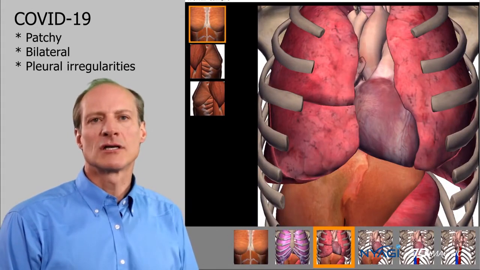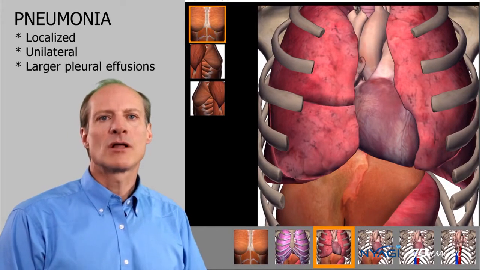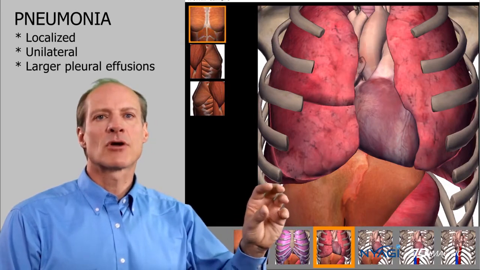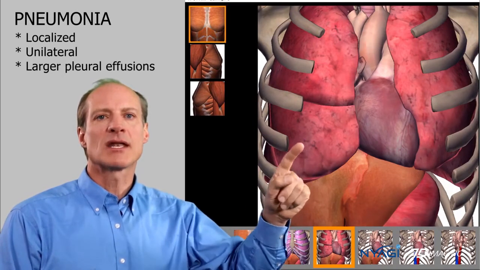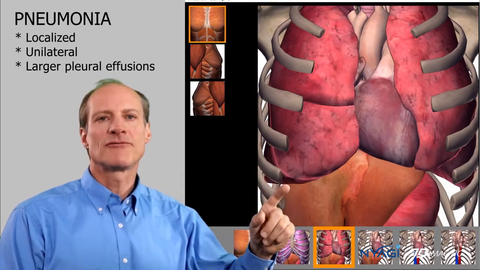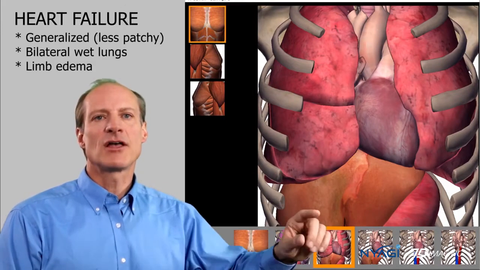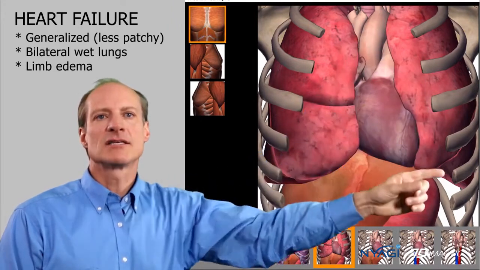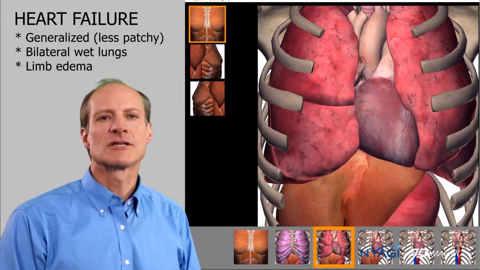What else can cause shortness of breath? Well, you can have the typical lobar pneumonia, which might be an isolated unilateral consolidation associated with pleural effusions. Congestive heart failure can cause a generalized bogginess of the lungs.